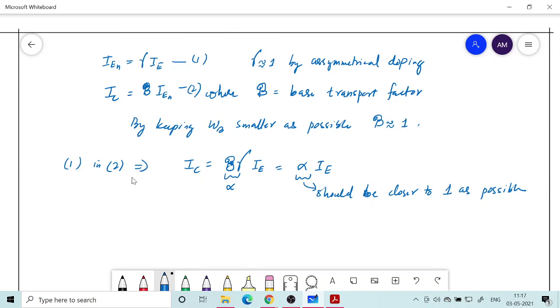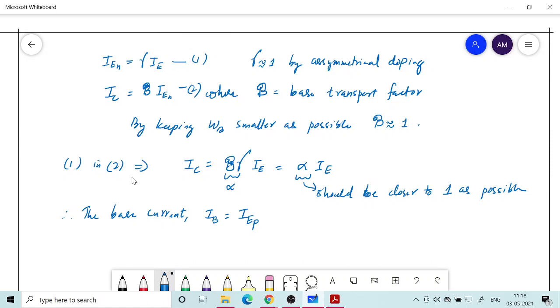Now what about the base current? So the base current IB will have two components. One is due to the diffusion of holes into the emitter, IEP. I mean, IE is built up of two components, IEN and IEP, but IEP is due to the diffusion of holes, and those holes are actually supplied by the base terminal.